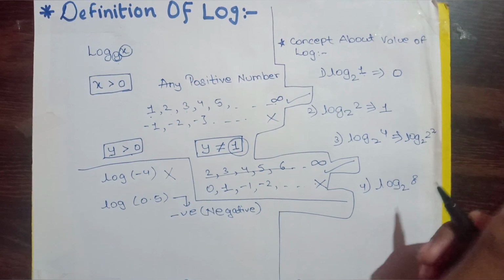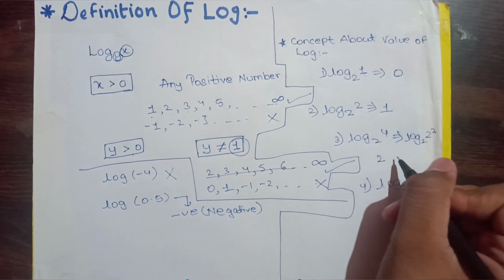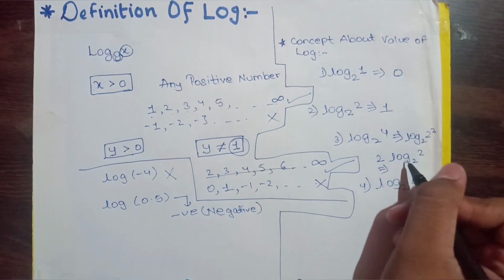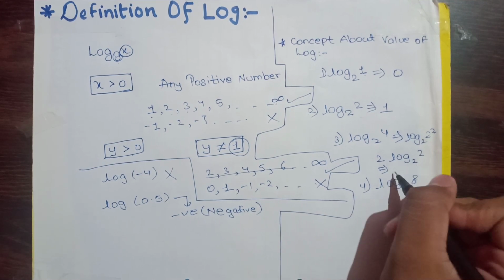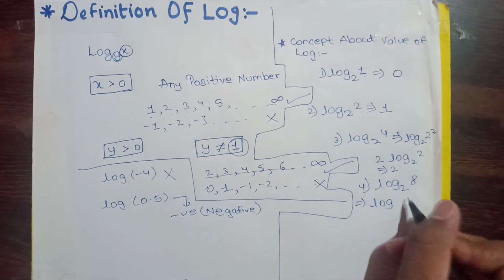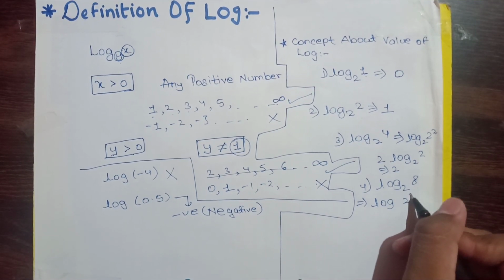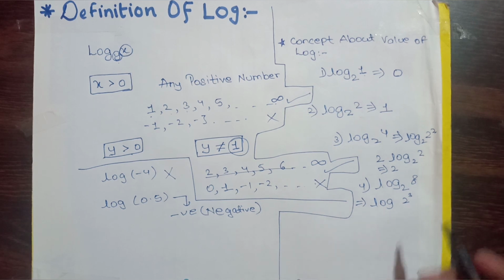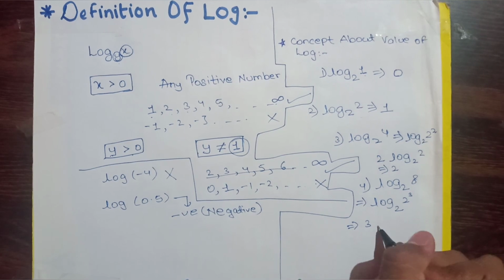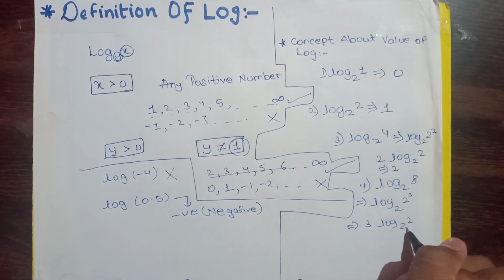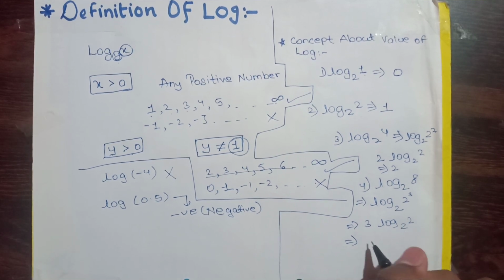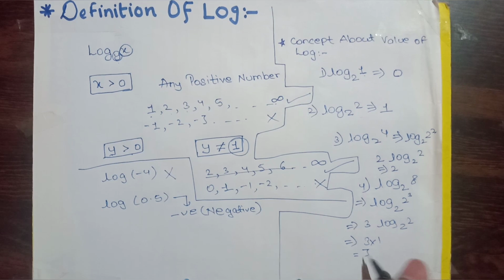Log 2 square to the base 2, this 2 will come in front, it would become 2 log 2 to the base 2, and this we consider to be 1, so the answer would be 2. Now the fourth one, log 2 cube, which is equal to 8, to the base 2, this 3 will come in front, we'll write it as log 2 to the base 2, and since the number and the base are the same, it will be 1, therefore 3 into 1 equals 3.